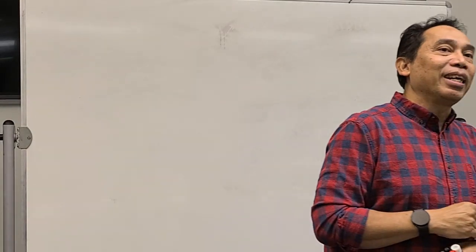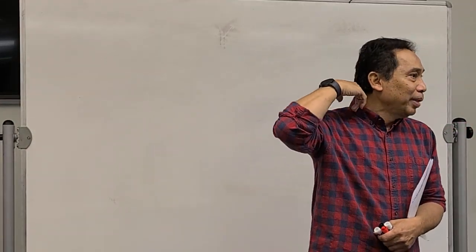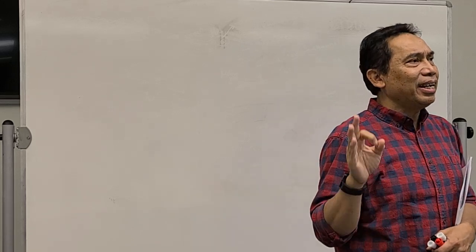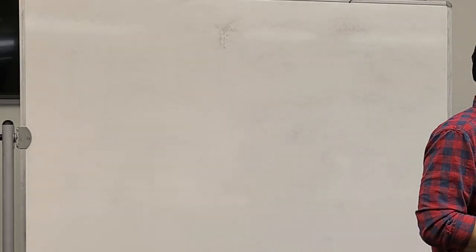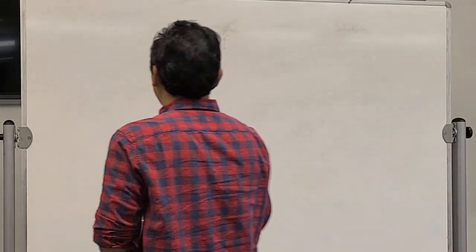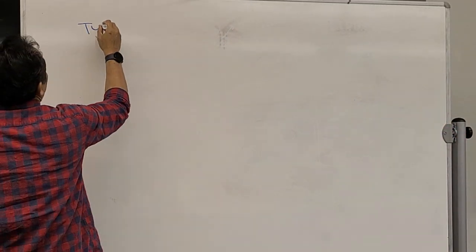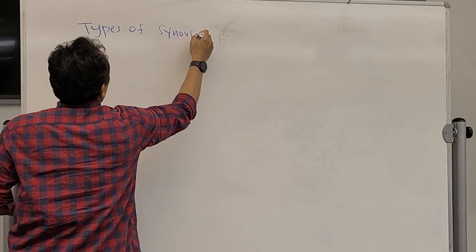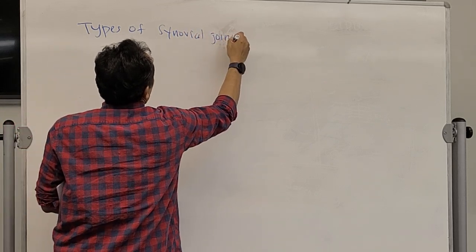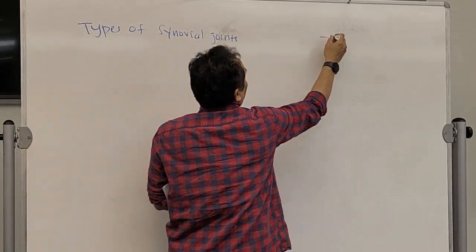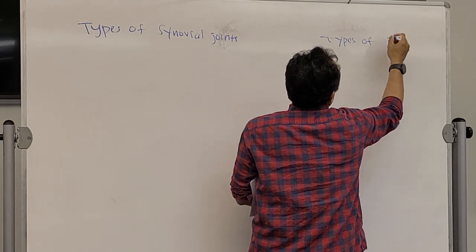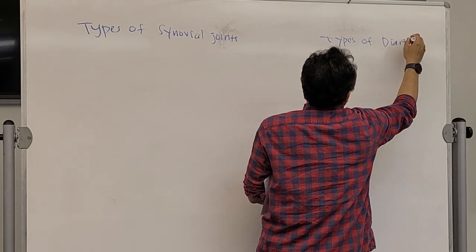The first one, let's start from the top, between the axis and the atlas. What do you call that type of synovial joint? It is a type of diarthrosis.